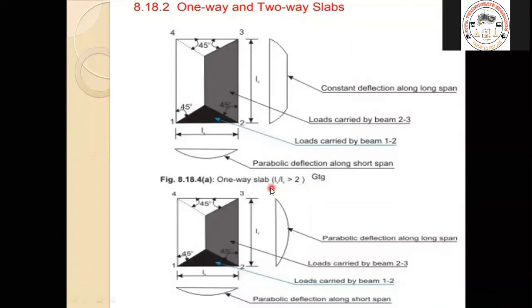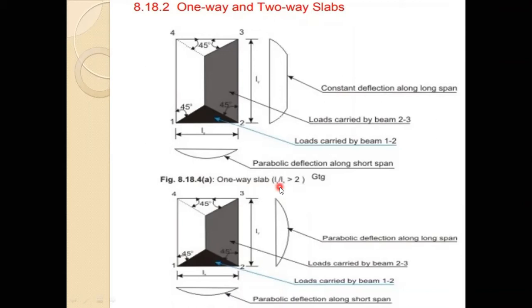And when the ratio of Ly by Lx is less than or equal to 2, then it is called a two-way slab.